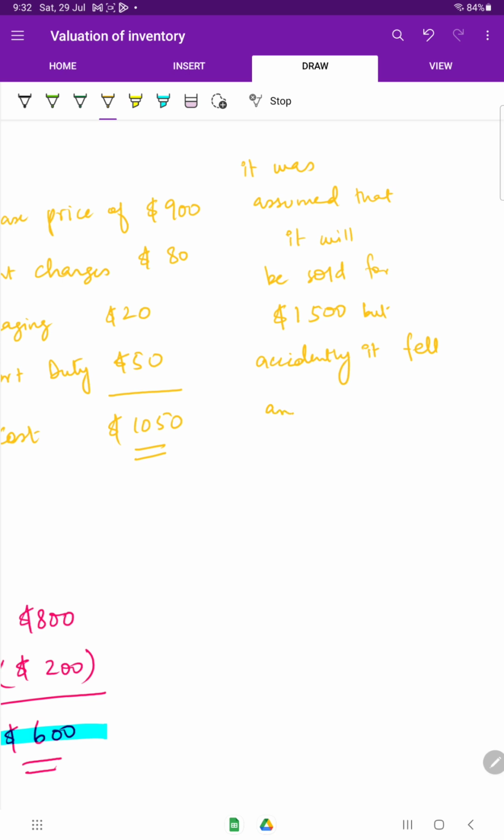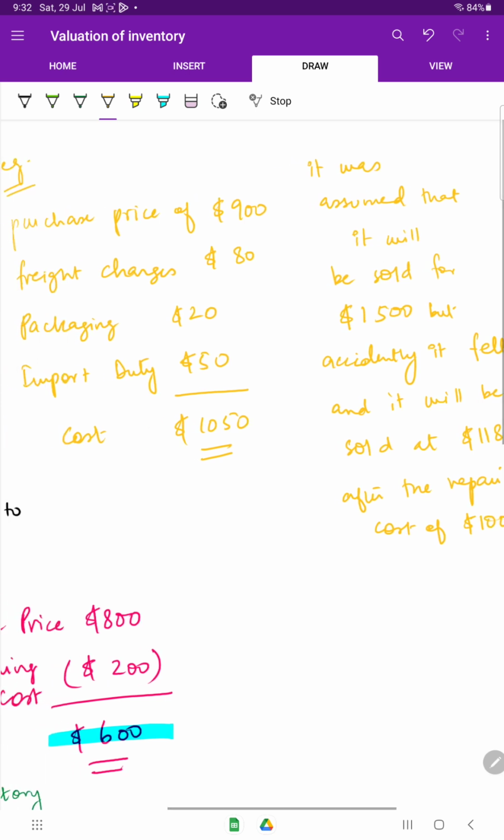So now it will be sold at 1180 after the repair cost of $100. So what's the scenario?